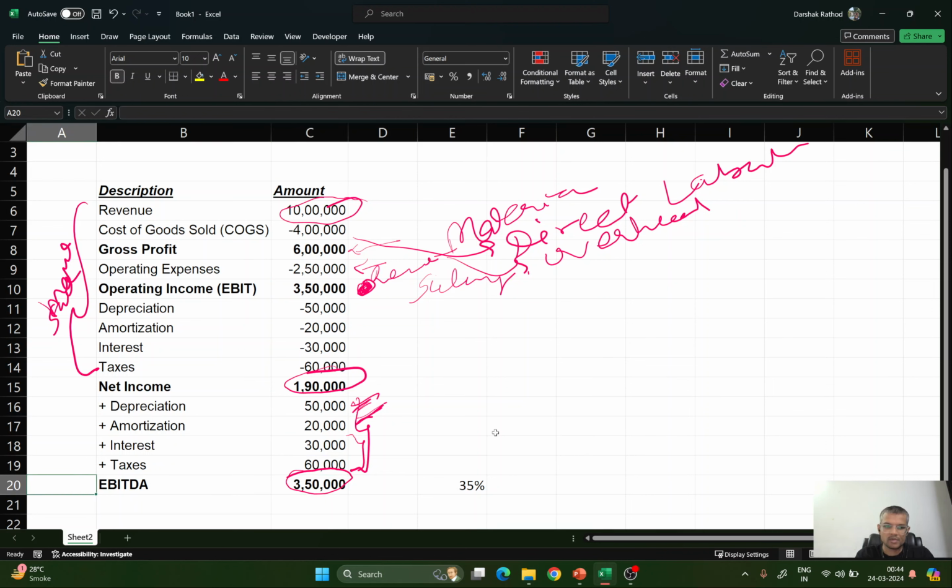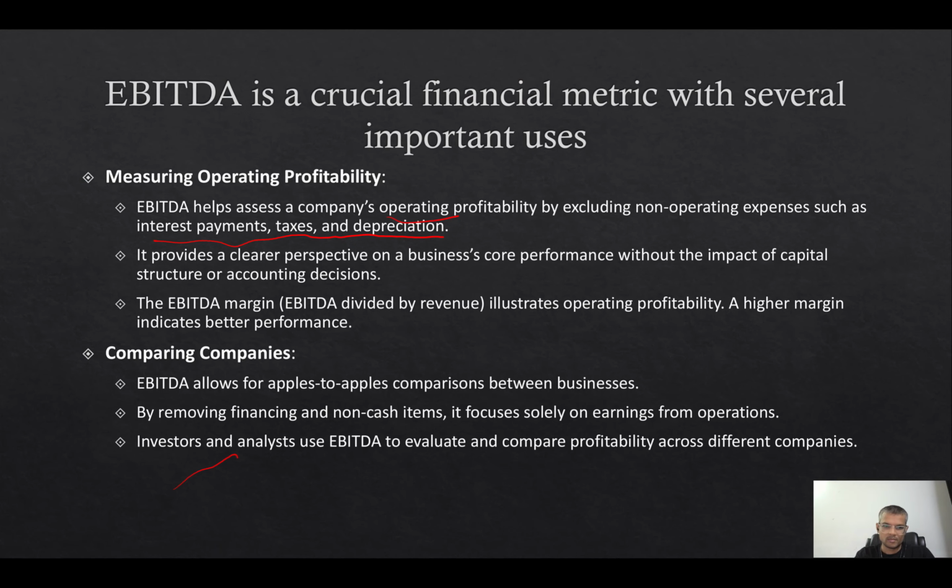And for comparison purposes also, it is very useful to see how profitable the business is. For example, if we compare with the same industry of another segment or maybe another entity, then it is a comparable number. And the higher the number, the better the business. So as I informed you, it is useful for comparison.